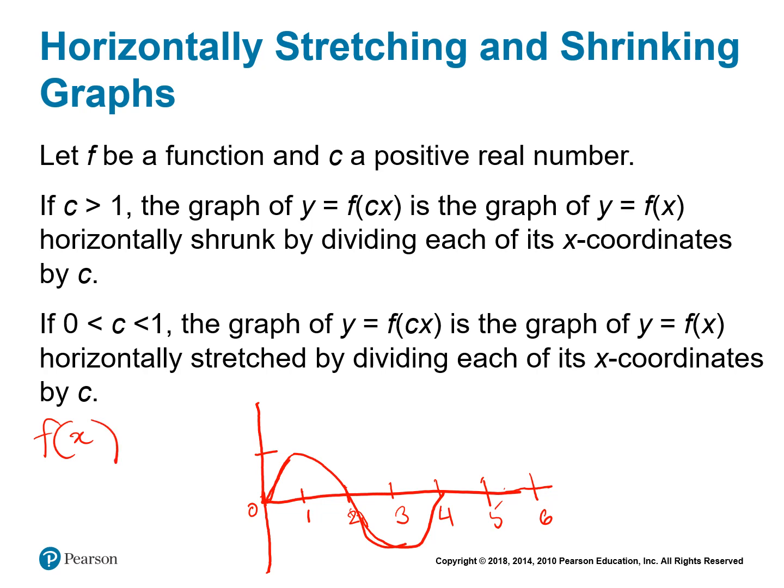Now if we multiply each of these x values before calculating the y values, if we first multiply each x value by 2, then what is going to happen is, because 2 is a value greater than 1, the graph is going to shrink.